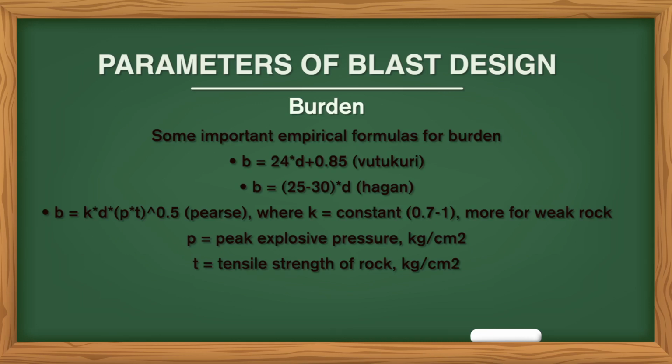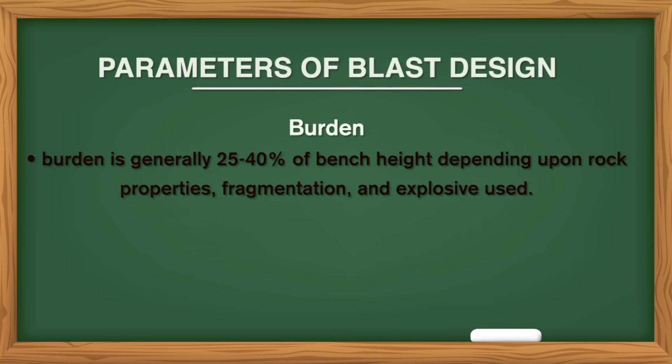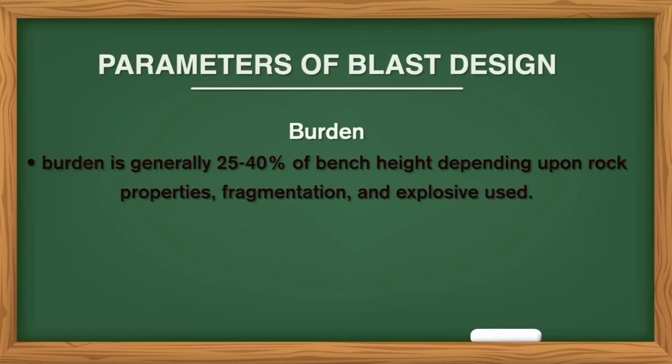B is equal to K into D into (P by T) to the power 0.5, Peers, where K is a constant, its value is 0.7 to 1, more for weak rock, P is peak explosive pressure in kg per centimeter square, and T is tensile strength of rock in kg per centimeter square. Burden is generally 25 to 40% of bench height depending upon rock properties, fragmentation and explosive used.